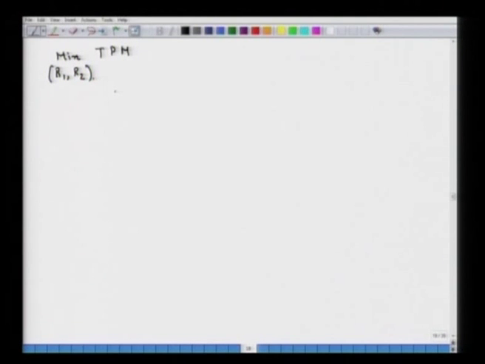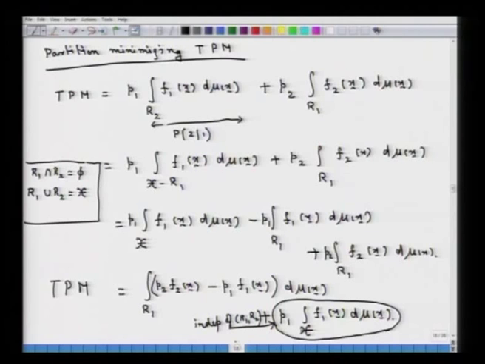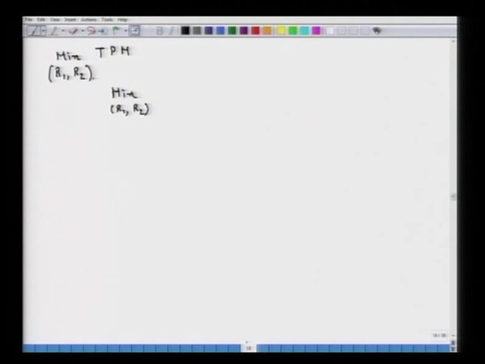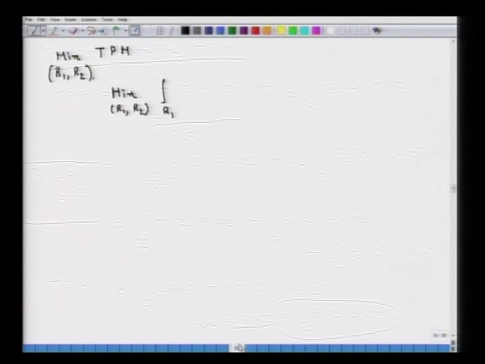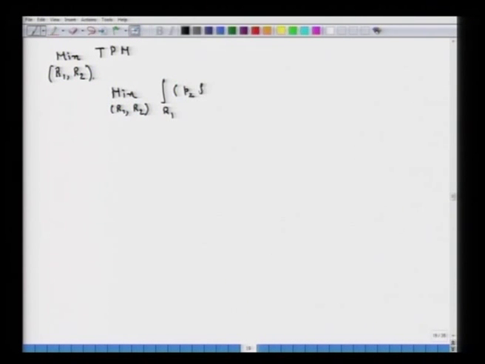So, we are going to look at the minimum with respect to the partition R1 R2 of the first quantity, which is the integral over R1 of P2 F2 x minus P1 F1 x, into d mu x.